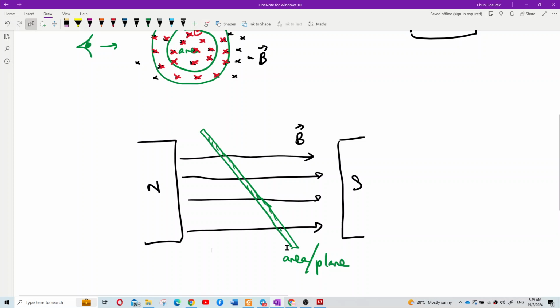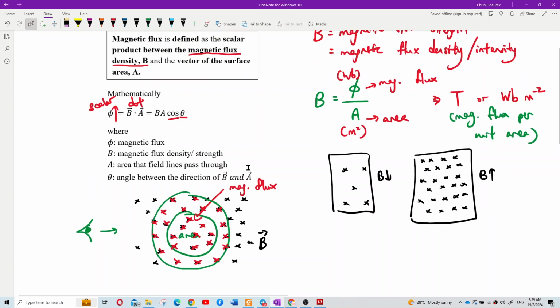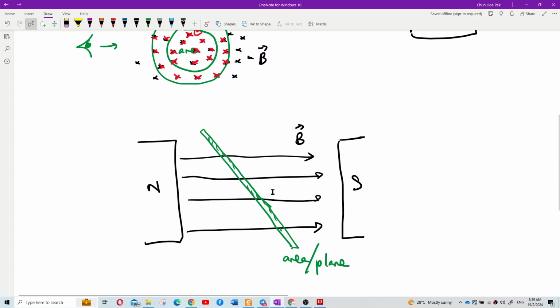This is the plane, and the direction of area is this one: perpendicular, the normal line. This is the magnetic field. The direction of area is normal to the plane. Remember, class, normal to plane.